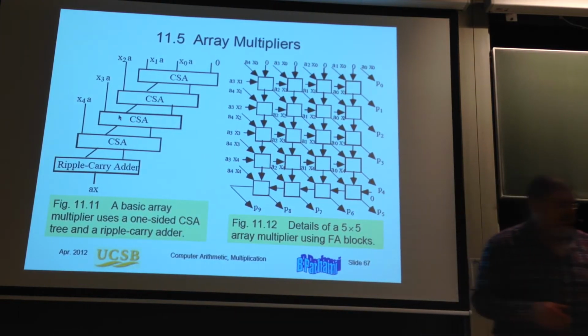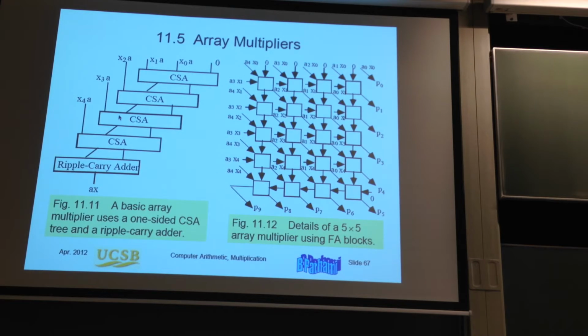Now, what is happening in this one is that the critical path will be the delay of these carry save adders, which are cascaded, plus the delay of this ripple carry adder to form the final product. Now, this may look very weird from the conceptual point of view, but there is a reasoning behind such an approach.